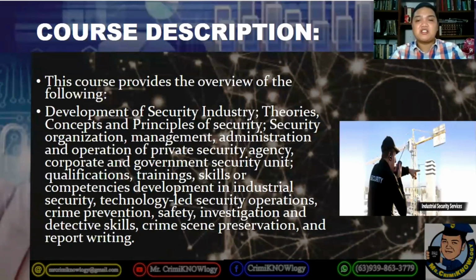And let's have the course description. This course provides the overview of the following. Number one, the development of industrial security. We'll be talking here about how the security industry evolved, from the earliest times, how people began to secure themselves, their crops, their animals, their family, and their community, up to our present time, and how it was developed.